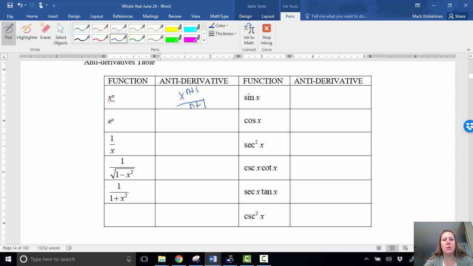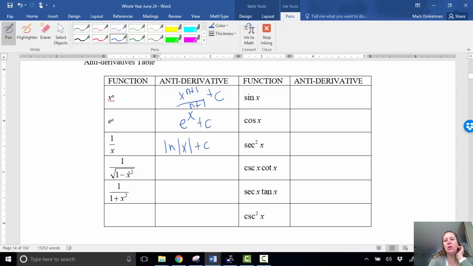So x to the n plus 1 divided by n plus 1. Antiderivative of e to the x is e to the x. If we see a 1 over x, or even if this x has like a minus 3, then we know we have natural log. Now, normally I should be putting plus c's. We should be putting absolute values here because we don't know if there's a domain restriction.